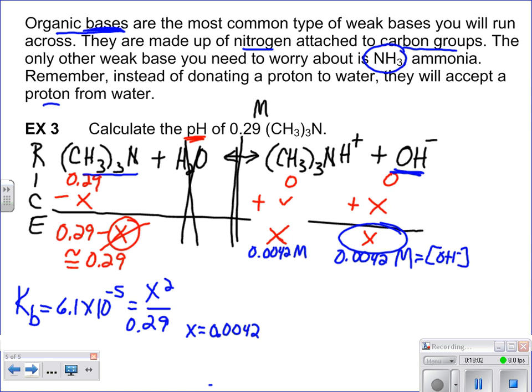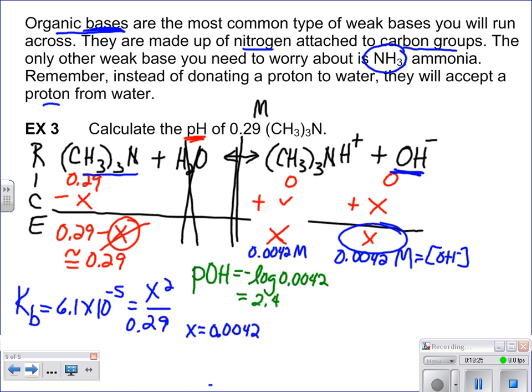Probably the easiest way to do this is just to immediately go to pOH. So your pOH is going to be equal to the negative log of your hydroxide ion concentration, so the negative log of 0.0042, and that ends up being 2.4.